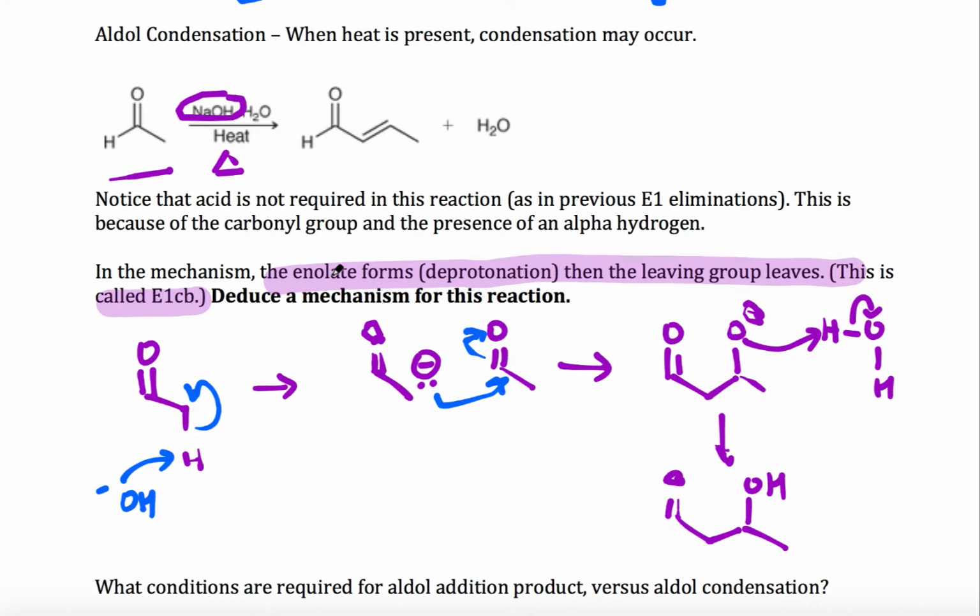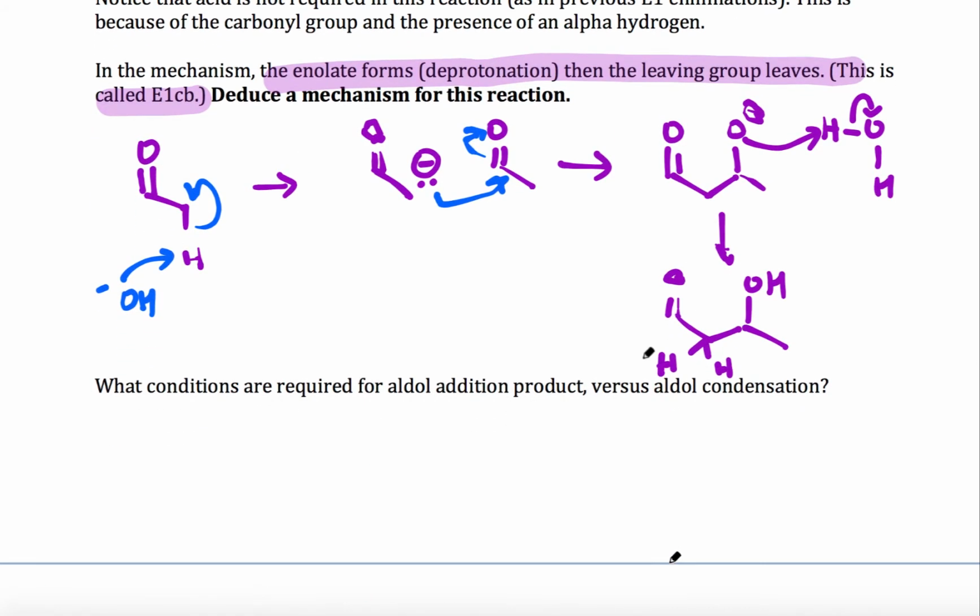So what I want to do here is I'm going to form an enolate from this product. So the only enolate that I can form is right here. Okay, so let's say that I have a hydroxide ion come in, grab this, make an enolate here. Then what's happening here is this becomes the conjugate base of this, and this is what ultimately kicks out the hydroxyl group. And since we're in basic conditions, it's okay to have a hydroxyl as a leaving group.